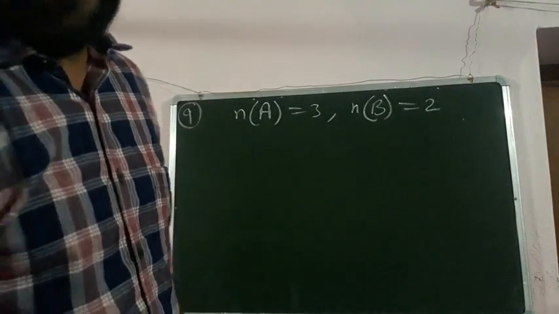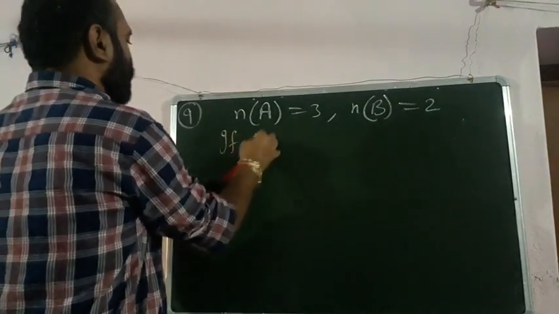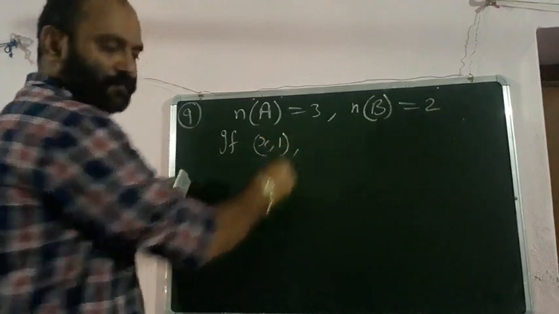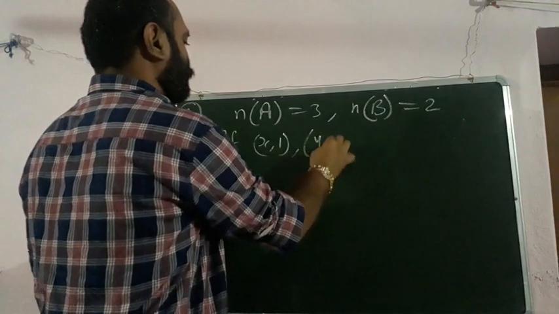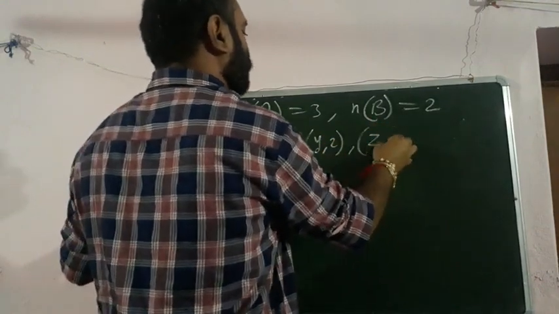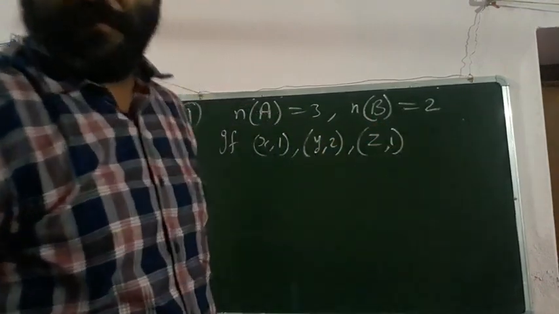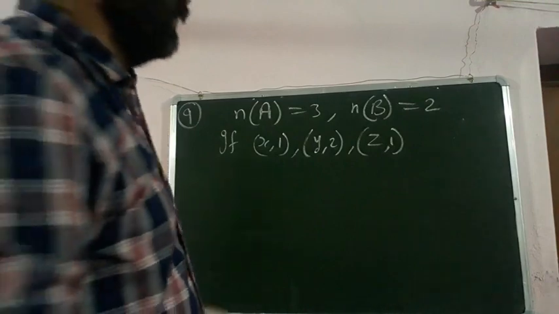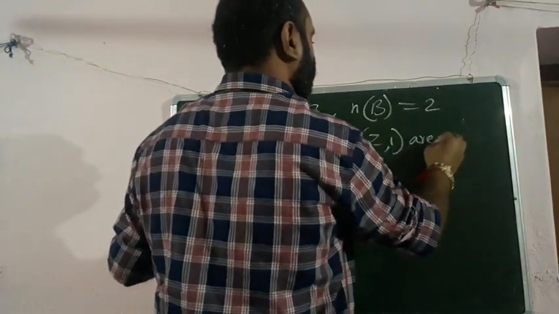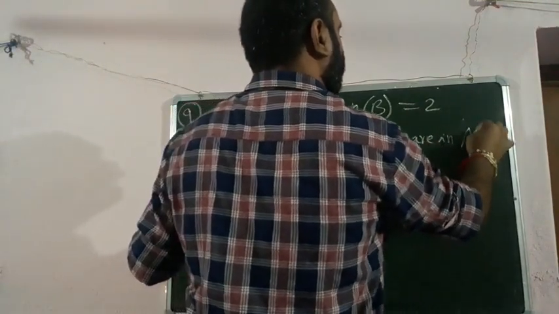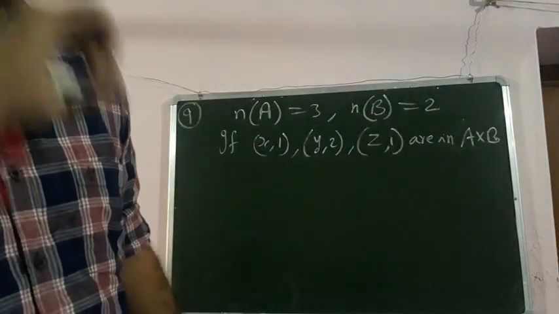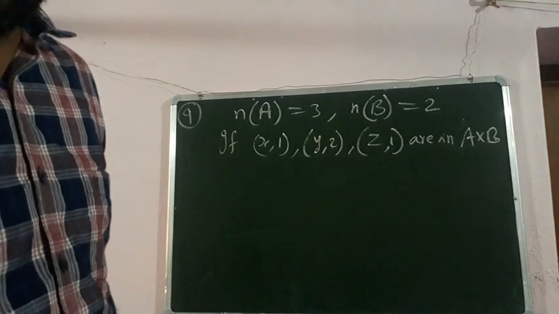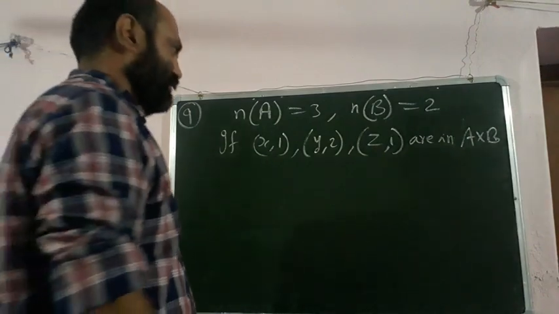Okay, if (x, 1), (y, 2), (z, 1) are in A cross B, ठीक है जी. Then find A and B where x, y, z are distinct elements.